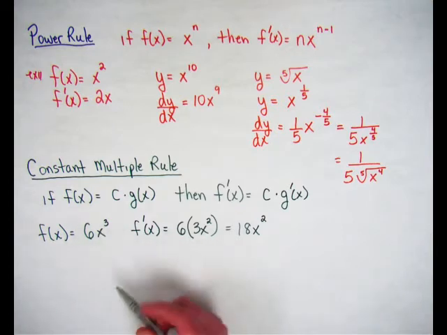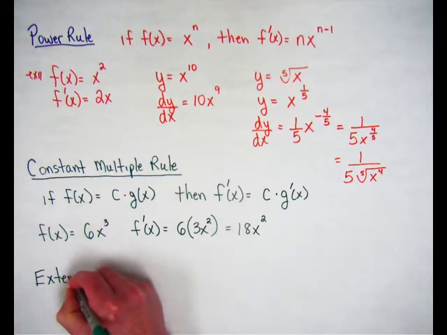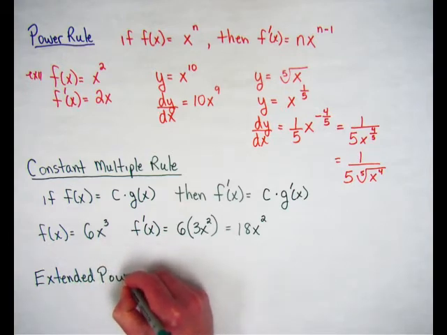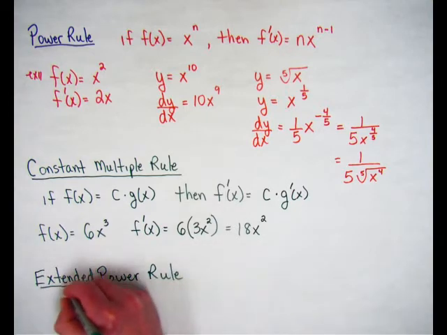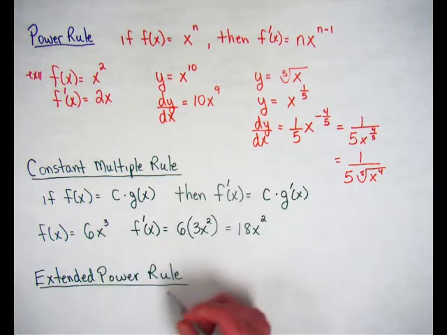So since we can take that shortcut, we have one final rule here and that's the extended power rule. And the extended power rule is just the power rule that we learned at the top there, combined with this rule.